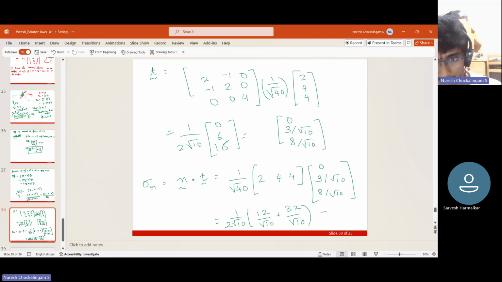Here this becomes 6 plus 16 by 10. 6 plus 16 is 22, so it is 2.2. So the normal stress component is 2.2.